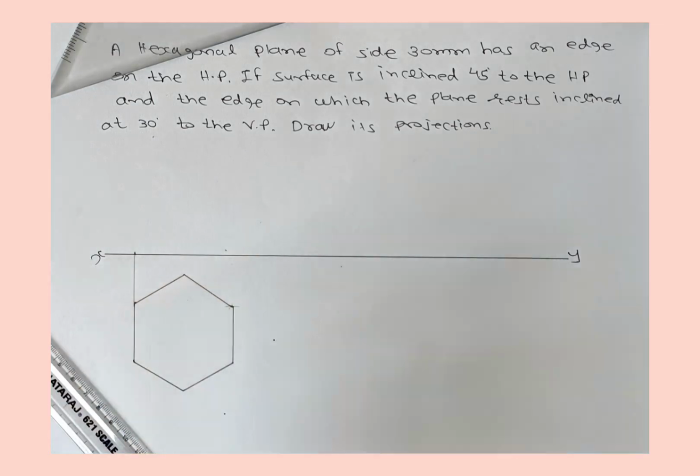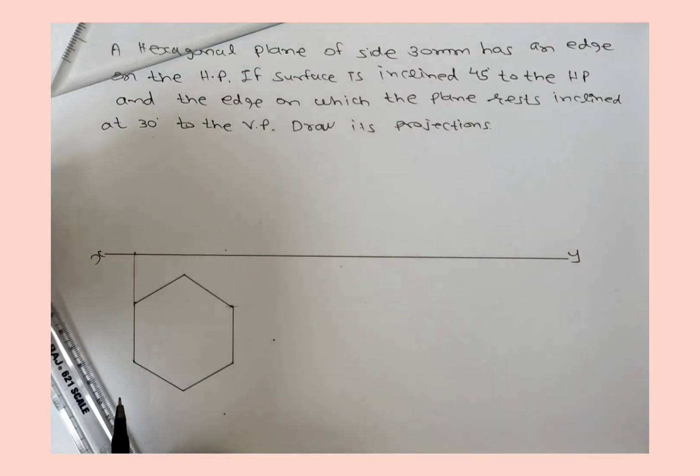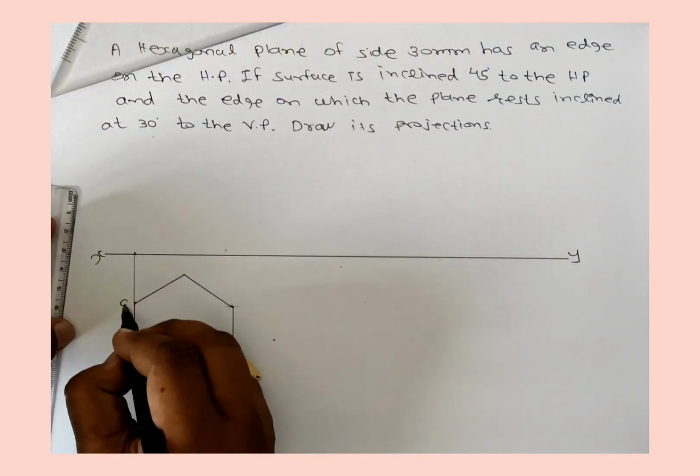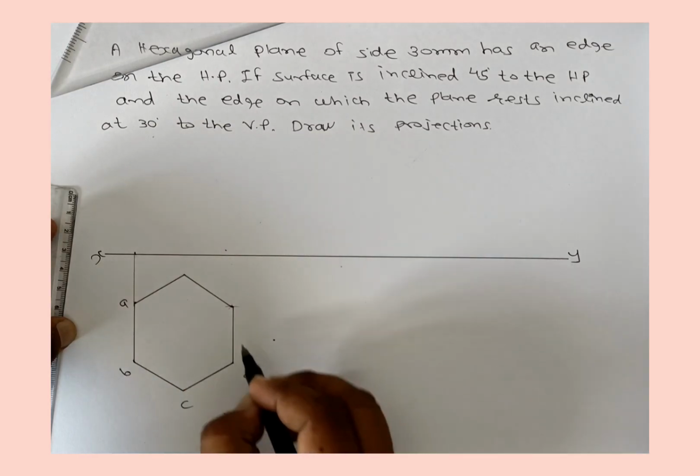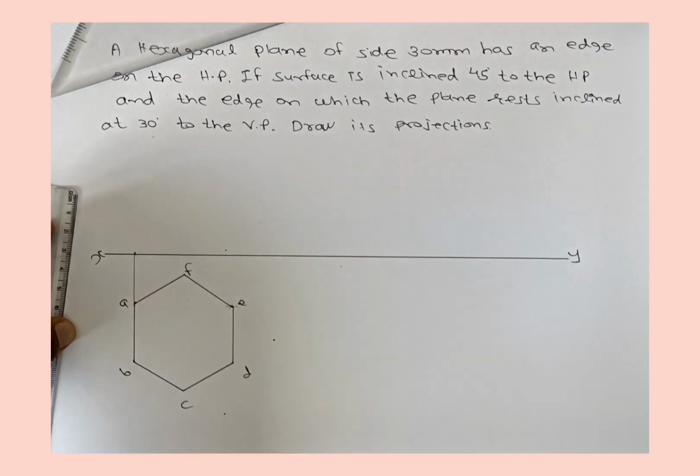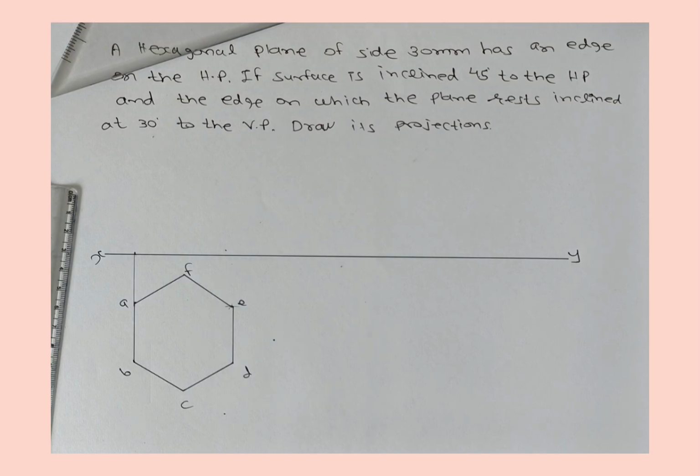Okay students, so this is the hexagon. Here you can give the names A, B, C, D, E and F. Now you have to make the projection.